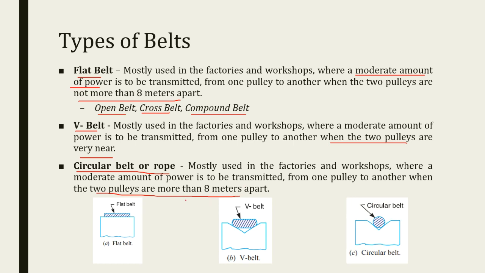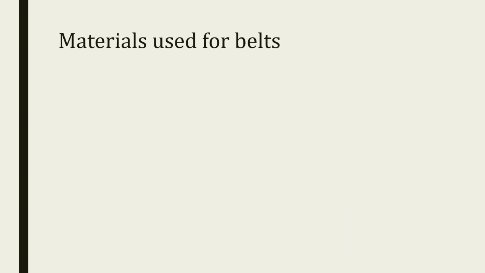It can be used to transmit power when two pulleys are more than 8 meters apart. If it is within 8 meters apart, then you can use flat belt, but if it is very near, you have to use V belt. So these are the types of belts available in the industry which are used to transmit power.